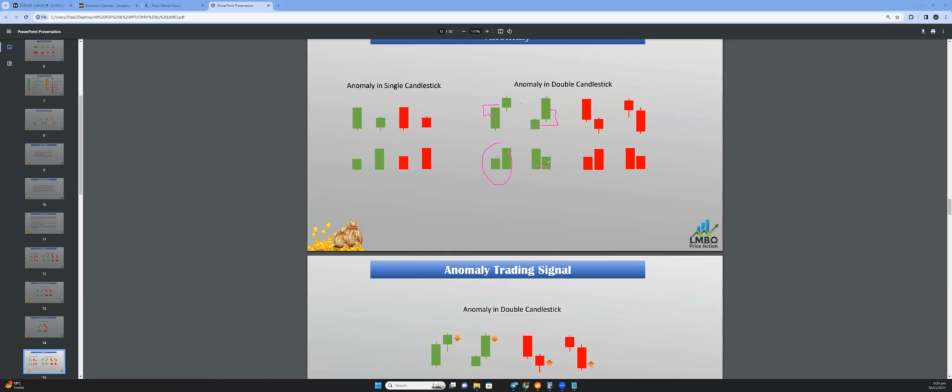It shows weakness. Weakness means that if there is any signal for continuation, that signal may fail because of the low effort, because of the low volume, or because of the weak volume structure. That's the reason that setup will not work.